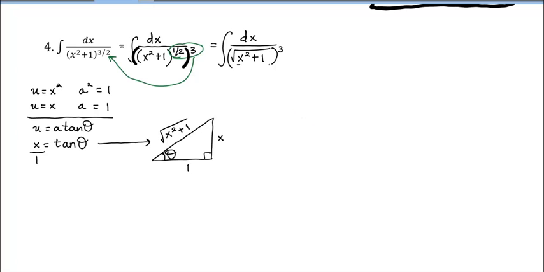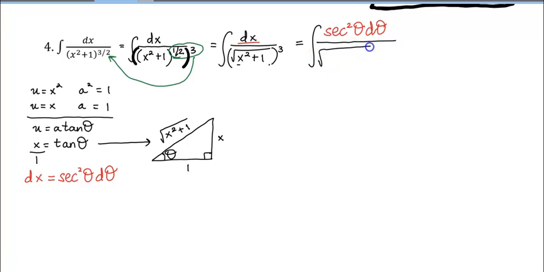Now let's actually start our substitution. We begin in the numerator. In order to substitute for dx, we need to take the derivative of x. If x is equal to tangent theta, then dx is equal to secant squared theta d theta. That's just from taking the derivative of tangent. So I've gone ahead and substituted in for dx. Now moving on to the denominator.